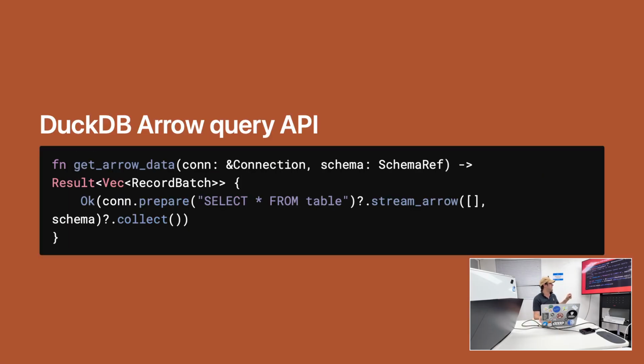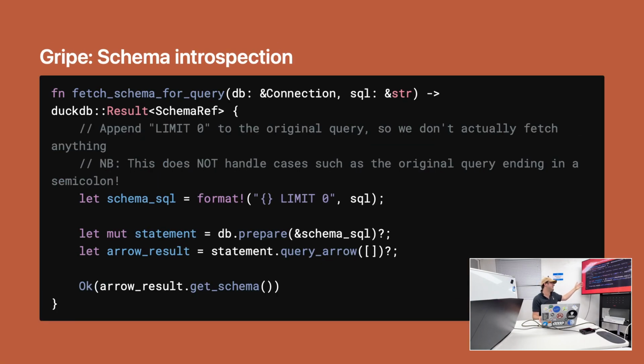I opened an issue about it, but when you call stream arrow, you need the schema, and I should be able to introspect it, but it doesn't. I have a blog post about this if you want the code later. But I had to write this helper function to do a limit 0 version of the query just to get the schema, and then from there I can do whatever I want.